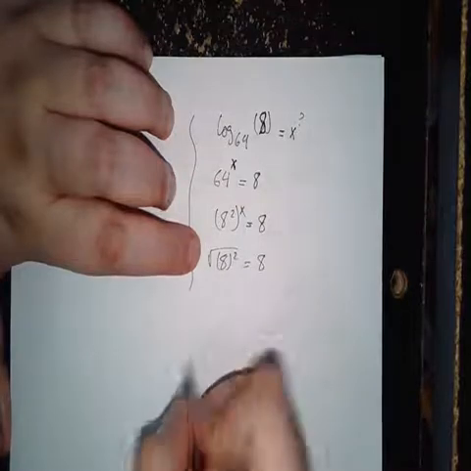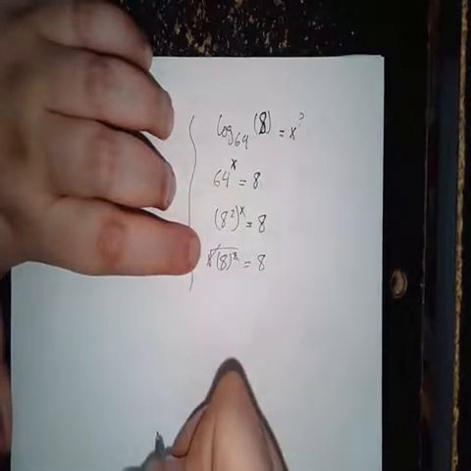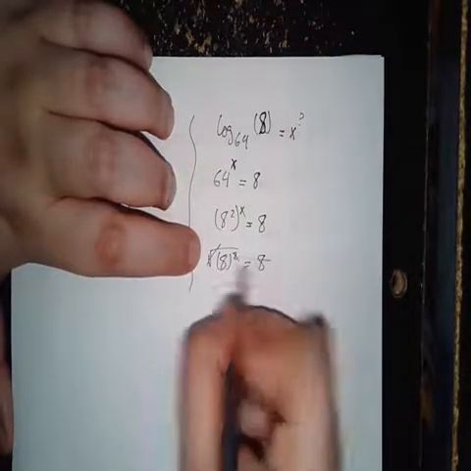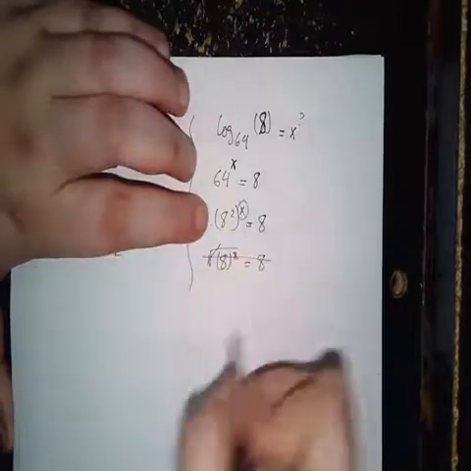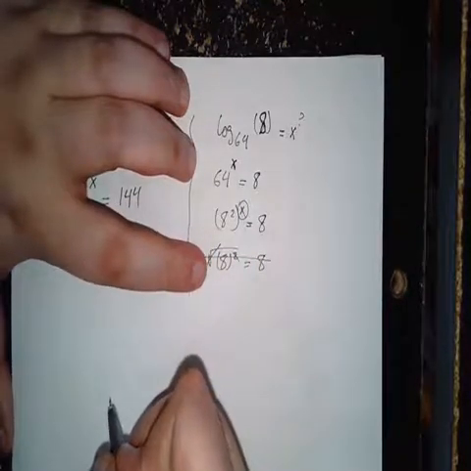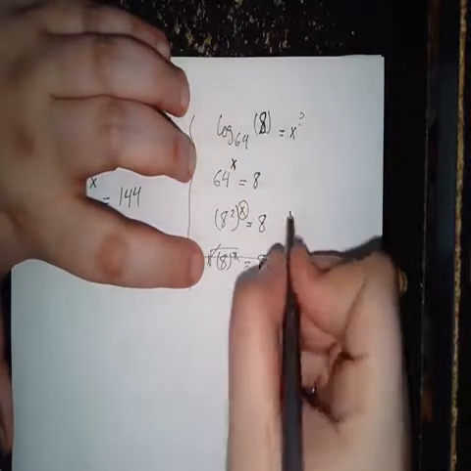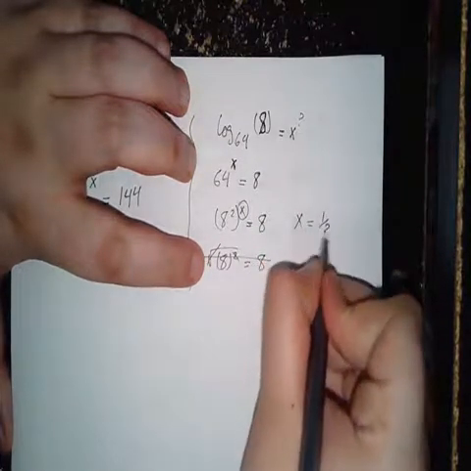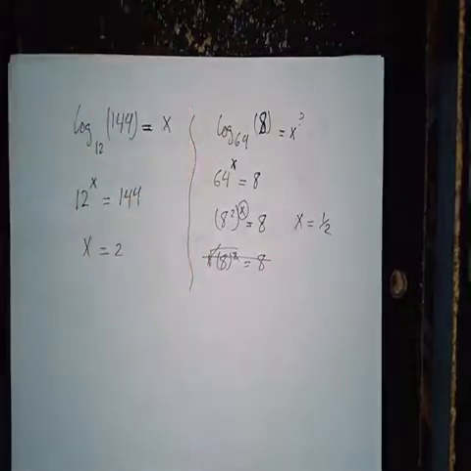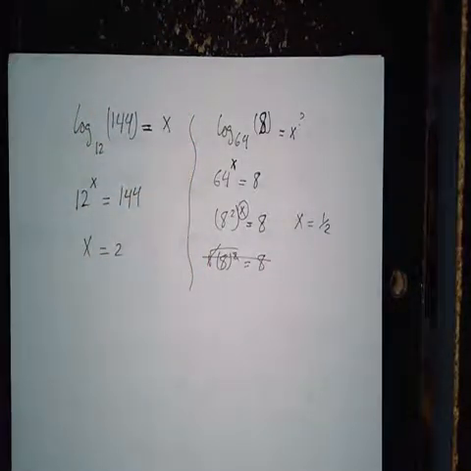Right? Cancel, cancel. 8. So, what is x? When you take a root of something squared, what is the power of that root? What is it? X is 1/2. Okay? So this is the same idea as taking the root.